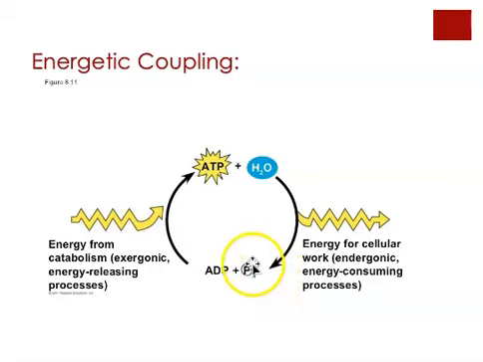We're going to take the phosphate group off, making ADP, and that little bundle of energy will be released. And it can be used to fuel these processes. This is energetic coupling. This is how a microbial cell, or any cell, uses ATP.